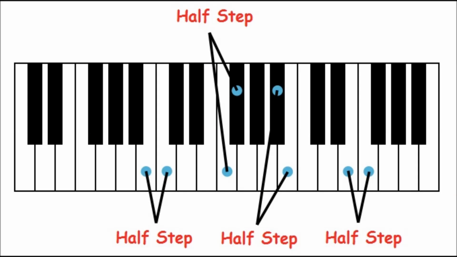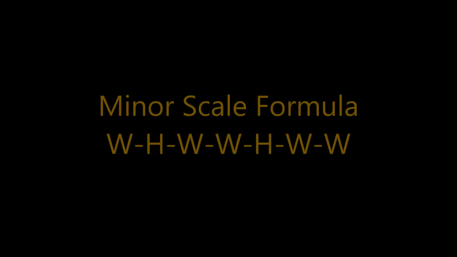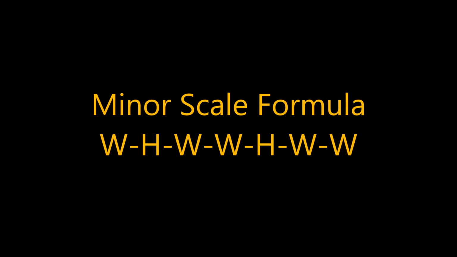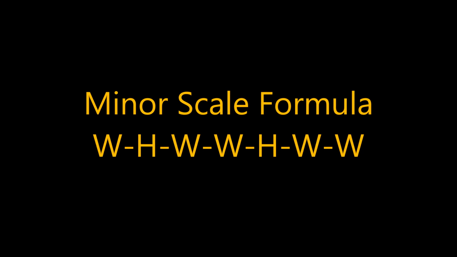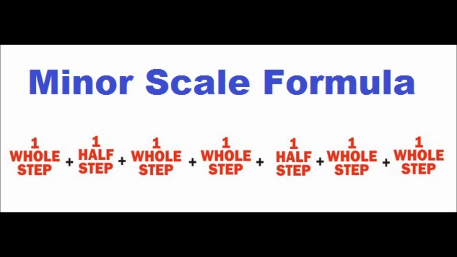Now that we understand what half steps and whole steps are, let's go back to our minor scale formula. W, H, W, W, H, W, W. With this formula, we can start on any key on the piano and form a minor scale.